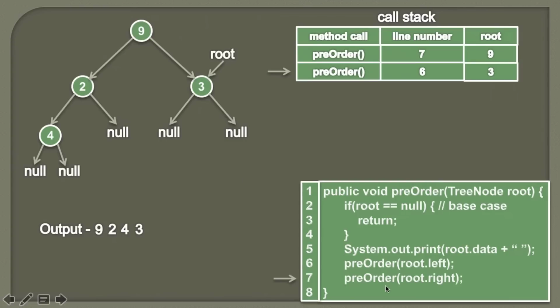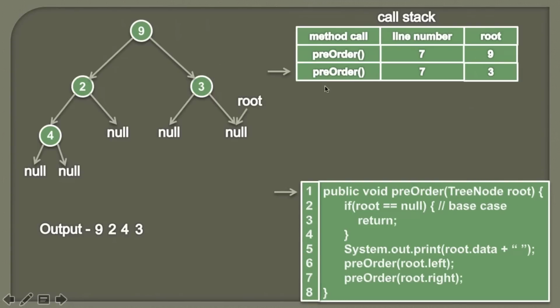So we'll again call the pre-order method and we'll pass root's right, which is null. When we are leaving this pre-order, we'll keep track of the line number. When we call this pre-order method, we had passed root's right, which is null. So for this pre-order, root will now point to null.